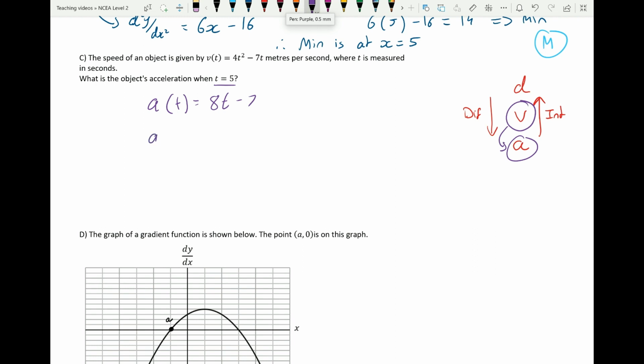So substitute 5 into that equation. Well, 8 times 5 is 40. Take away 7 is 33 meters per second squared. And there we go. That is the answer. And that is, as you probably guessed from the quick working out, an achieved question.